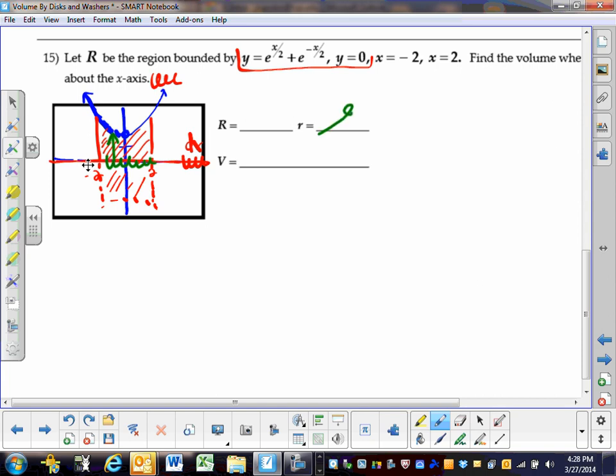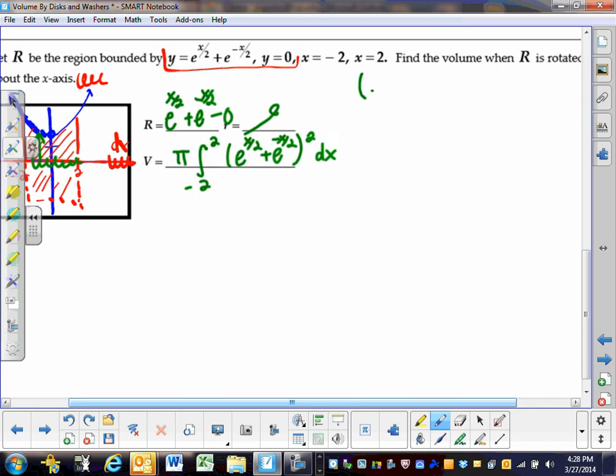So I don't have an outside radius, but my inside radius is e to the x over 2 plus e to the negative x over 2 down to 0. So my volume is pi from negative 2 to 2, the r that we just found, squared dx.